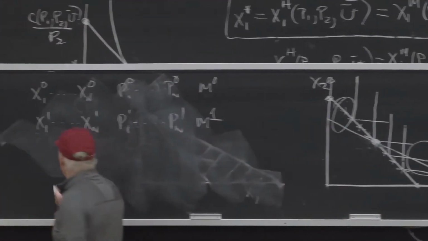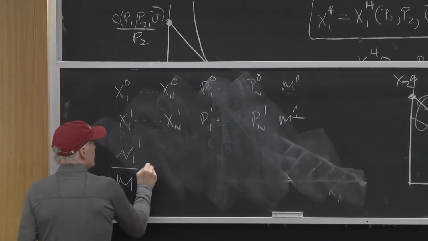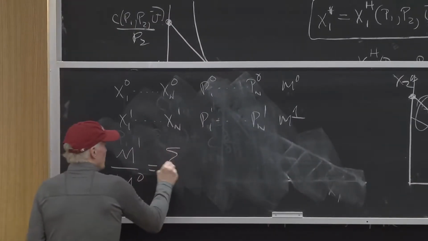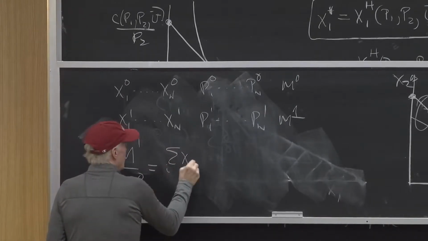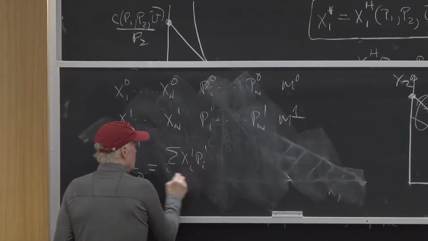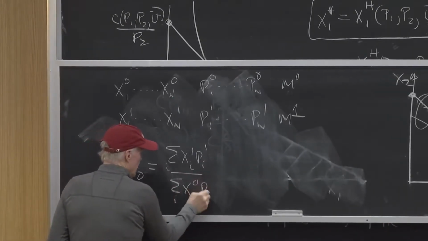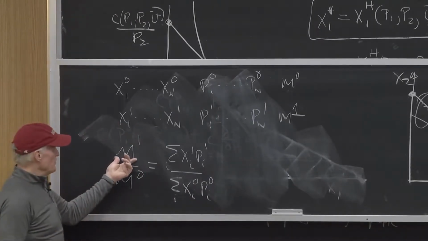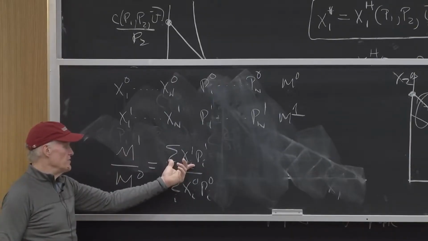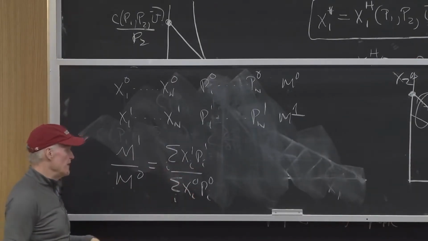And I can write M1 over M naught equals the sum over i of xi1 pi1 over the sum over i of xi naught pi naught. That's by definition. This income is the sum of all the expenditures, and that income is the sum of all those expenditures, so the ratio has got to be that.